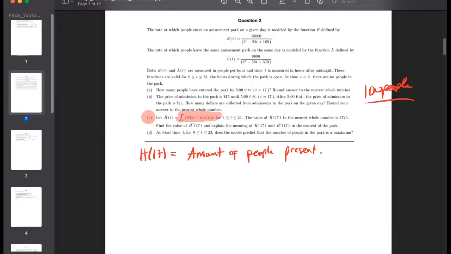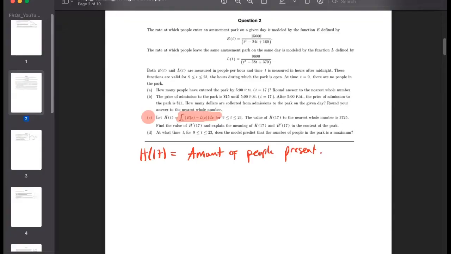So then H of t, if they were to ask you to write the equation, is equal to the integral from a to b of E minus L, which is the amount of people entering minus the amount of people leaving. And then you're going to have to put a plus 100. That's if they talk about an initial amount of people before we even open the park. So we just have to make sure we write that. Now, usually they're going to give you an initial amount only when they want you to write the equation that represents the amount of people in a park. So if they wanted you to write this H of t, keep that in mind.